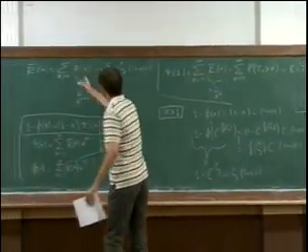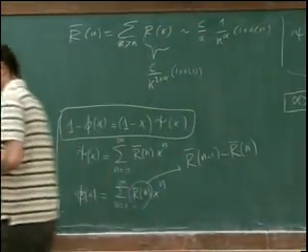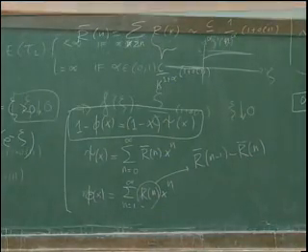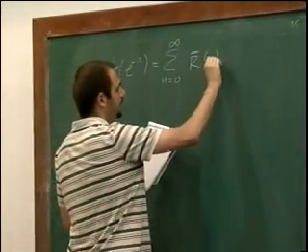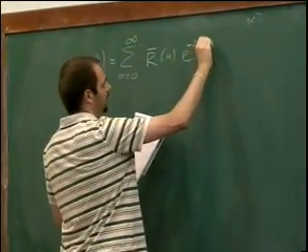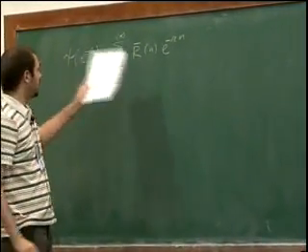Now, recall that psi is this. Psi of E minus r equals the sum for n equals 0 to infinity of R bar of n E minus rn. As r goes to 0, this diverges.